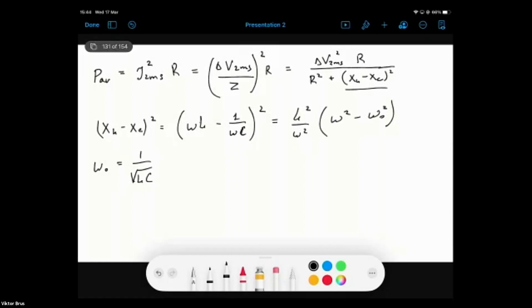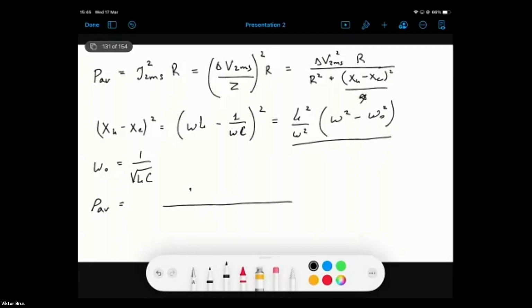So now when we substitute this expression instead of this part, we will get average power as a function of frequency.